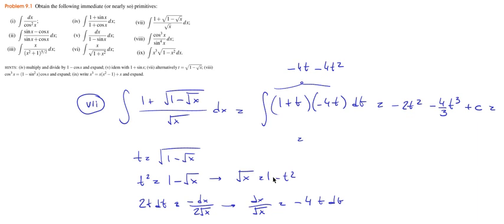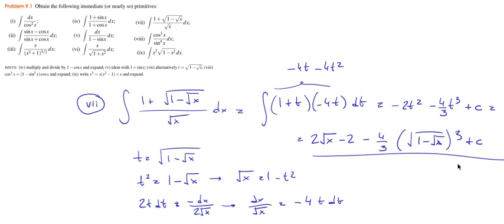So 2 minus 2t squared is 2 the square root of x. So this is 2 times the square root of x minus 2. It's easier than that. And then you have minus 4/3 of the square root of 1 minus the square root of x, cubed, plus c. Okay, this is this.